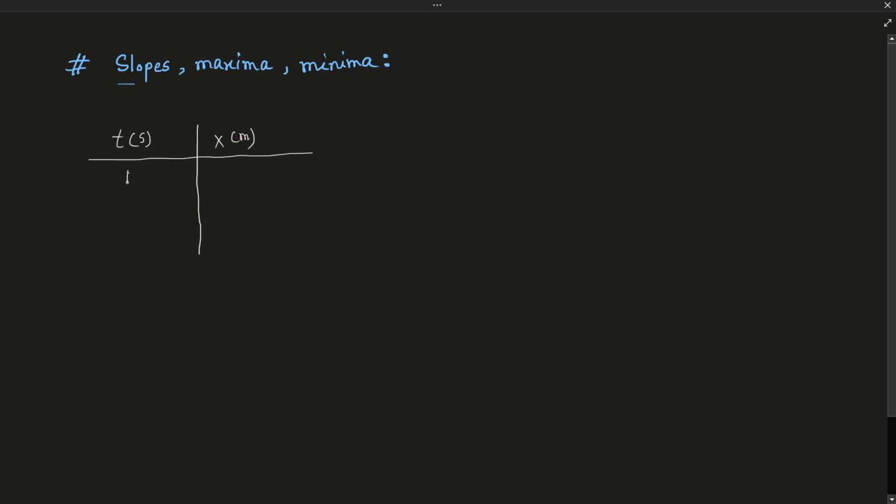For 19 seconds, this is 200 meters, and for 20 seconds, suppose it's also 200 meters. So anything can happen, like maybe the car went somewhere and then it returned again. But let's just assume that the car didn't move.